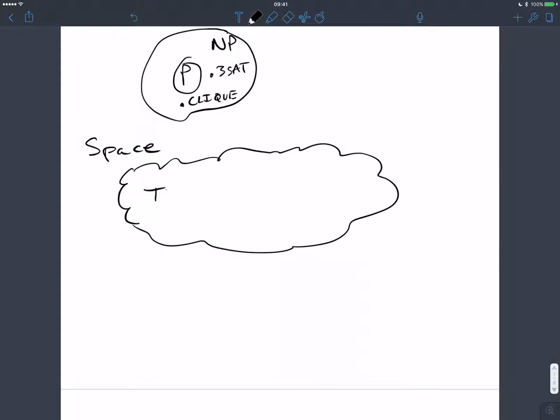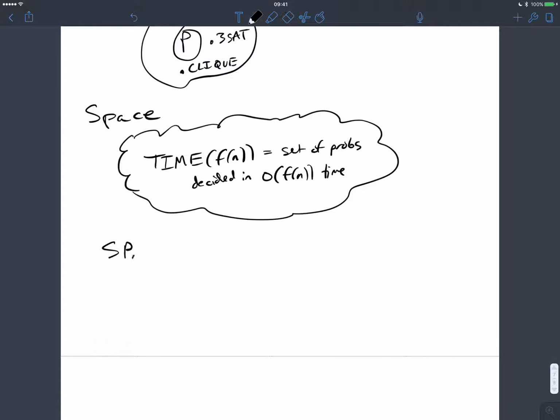Just as a thought, we defined TIME of f of n to be the set of problems or languages decided in O of f of n time. That's what we defined maybe last time or two times ago. Well, let's try to do the same thing here. So we're going to define SPACE of f of n.